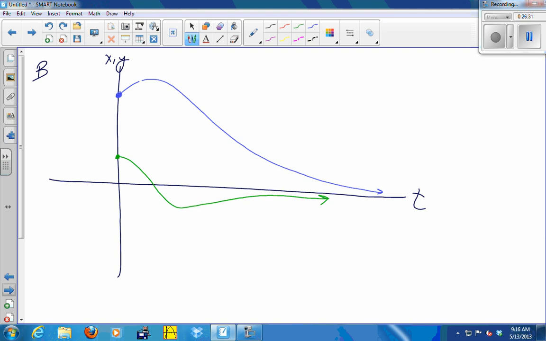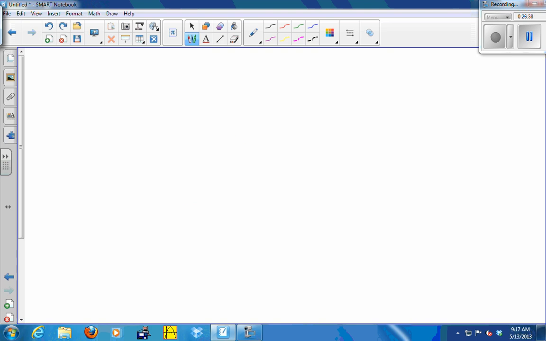Do we need to do all of these, or do you get the idea? Okay. All right, let's move on to number 4. General solution to dy/dt equals -2y plus 5 cosine 3t.